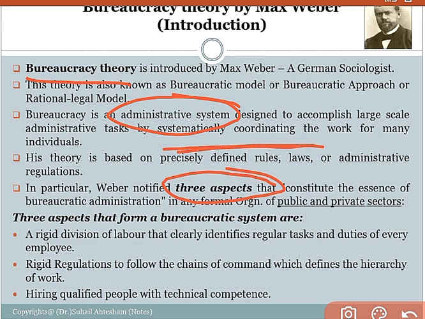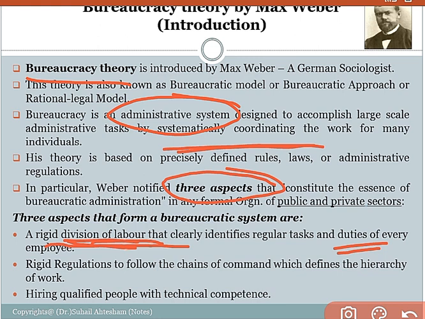So these three aspects are: there must be rigid division of labor. There must be proper division of work in the organization, and well defined duties, that is, who is responsible for which job. What are the roles and responsibilities of each employee has to be properly determined and defined in the organization, by division of work and division of labor.